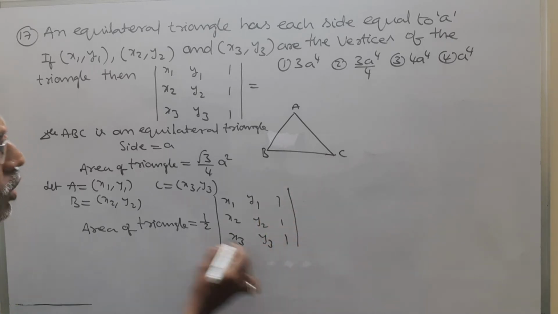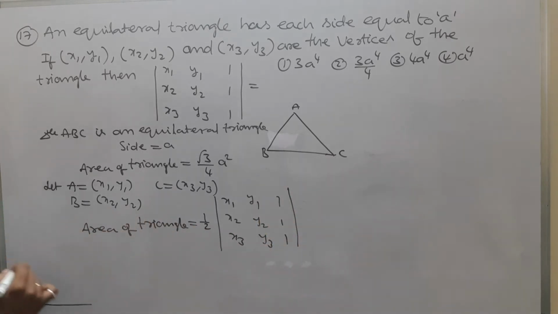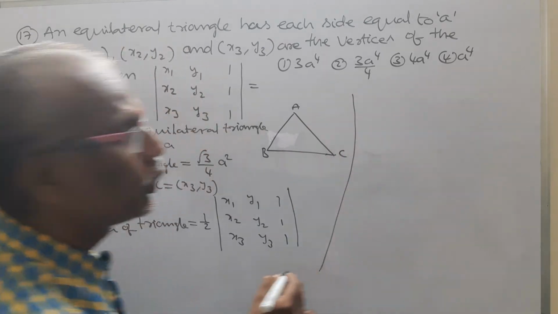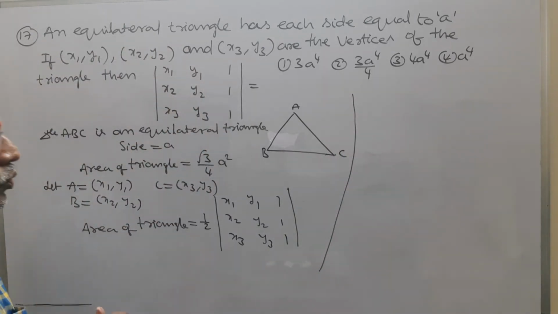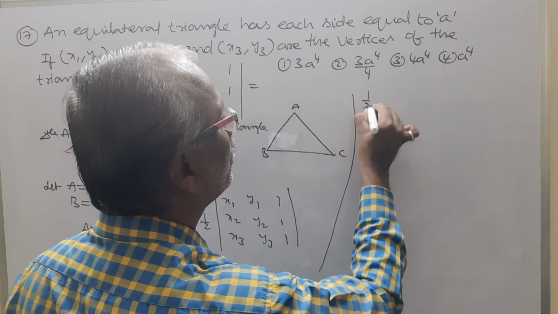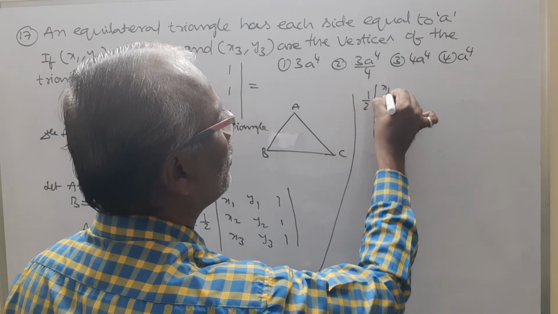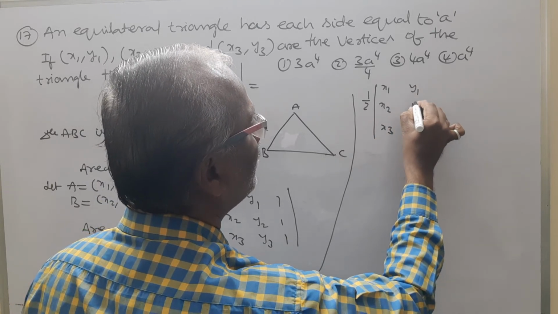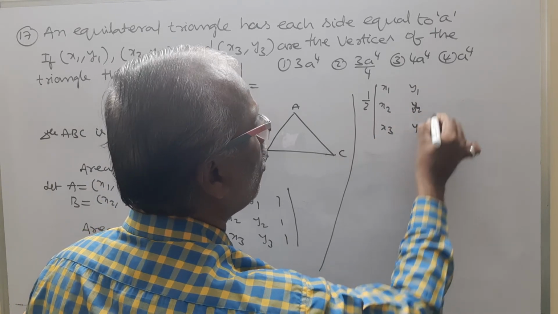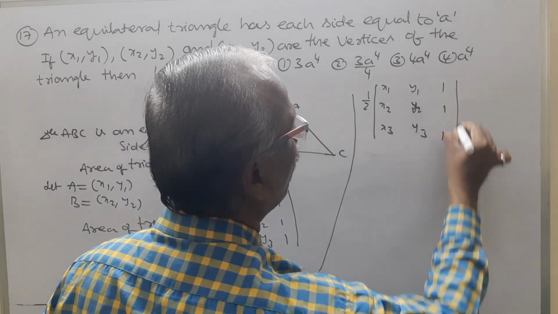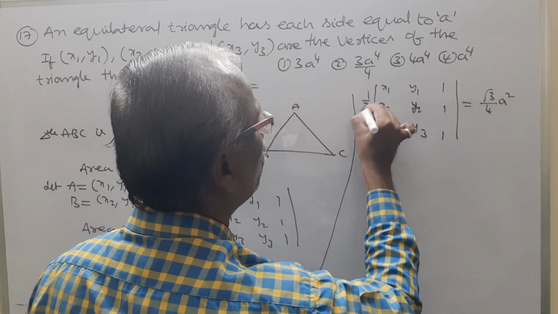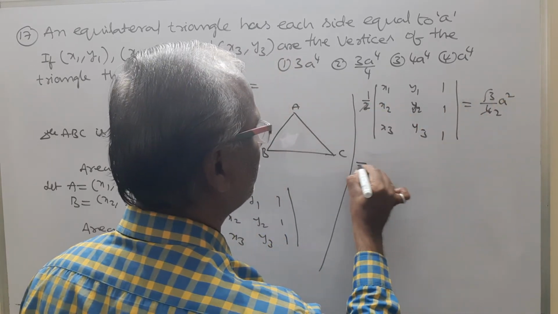This formula is also used for the area of a triangle. Here these two values are equal: 1 by 2 determinant of x1, x2, x3, y1, y2, y3, 1, 1, 1 equals root 3 by 4 a square. The 2 ones get cancelled.